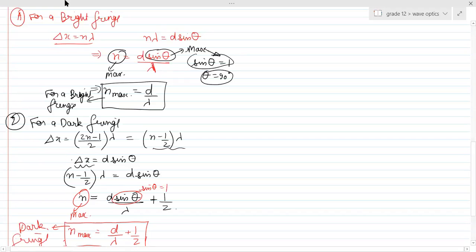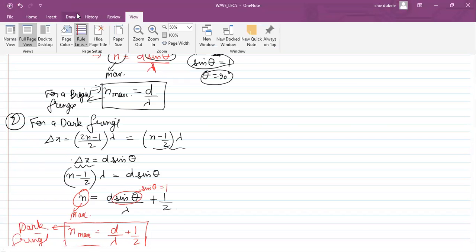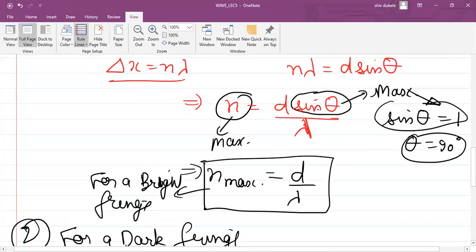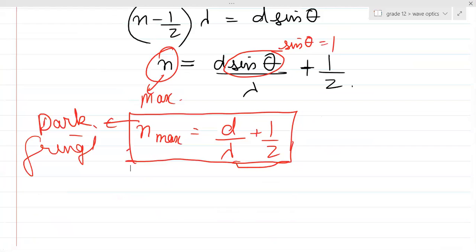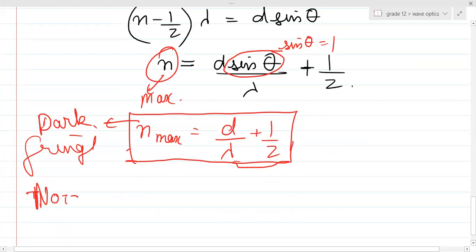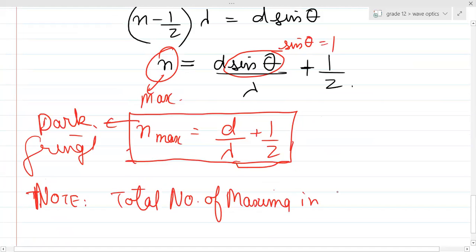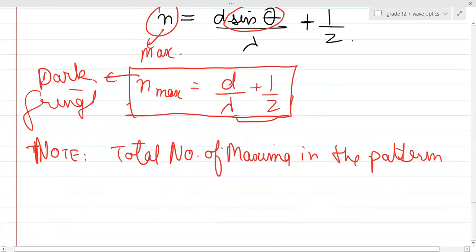अच्छा, if someone says कि sir, what will you do after finding out the maximum possible value of n? I can count the number of maxima, I can count the number of fringes found. The total number of maxima in the pattern is equal to twice of n max plus 1.